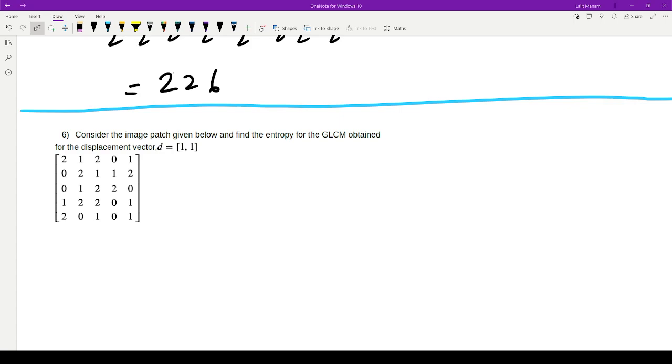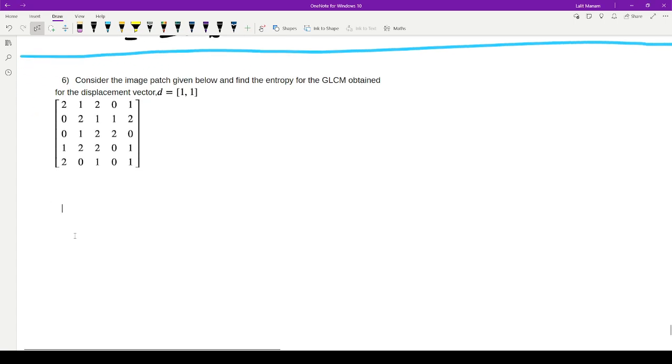Okay, sir, thank you. So we have the specific image patch given. We are dealing with too many image patches, and if I need to find the entropy of the GLCM obtained for the displacement vector D = (1, 1). So does anyone remember what is GLCM?